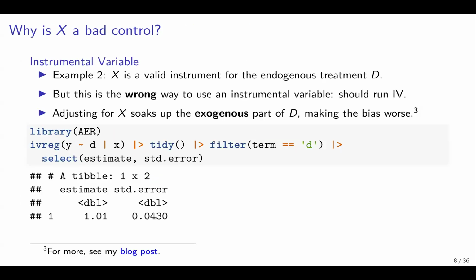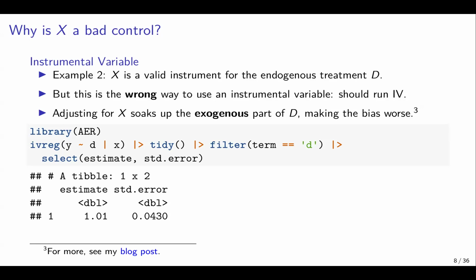Well, in this example, x is a valid instrumental variable for the endogenous treatment D. But this is the wrong way to use an instrumental variable. The right way to use an instrumental variable is not to plug it in as a control, it's to run IV. And what's actually happening here is kind of subtle, it's very interesting.